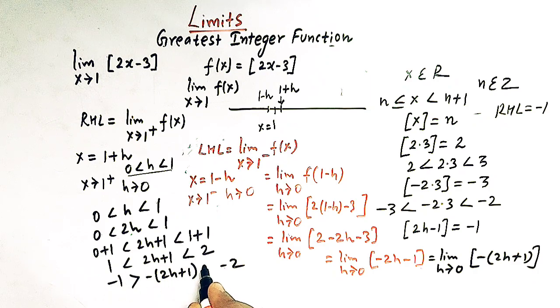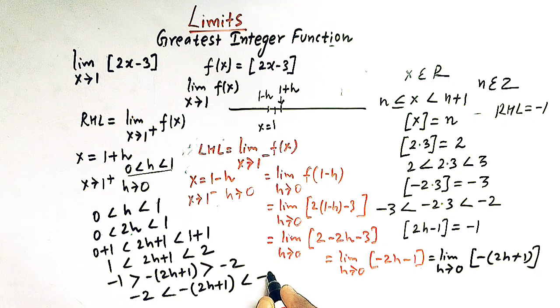So we have here minus of 2h plus 1, here we have minus 1, and here we have minus 2. So we can also write this inequality as minus 2 is less than minus of 2h plus 1, and this is further less than minus 1.